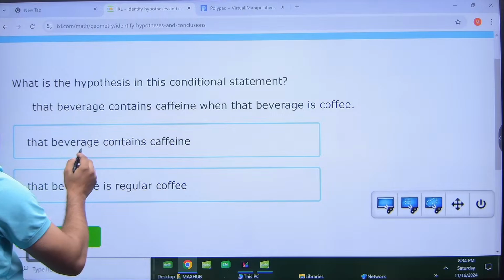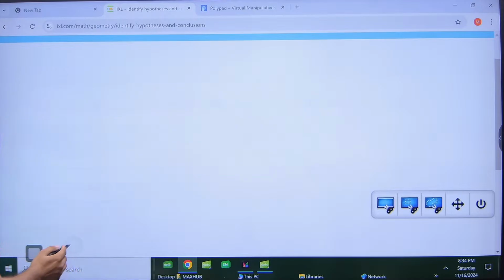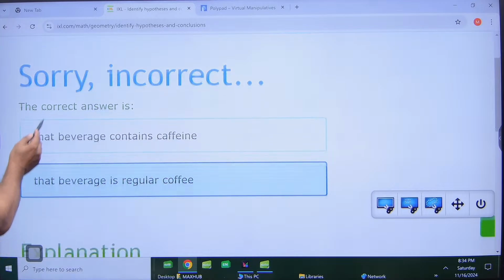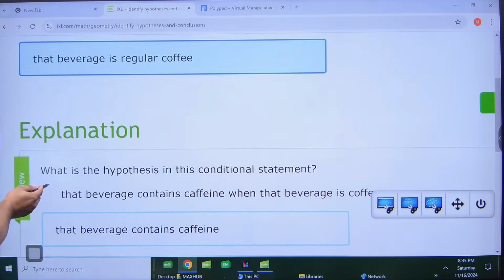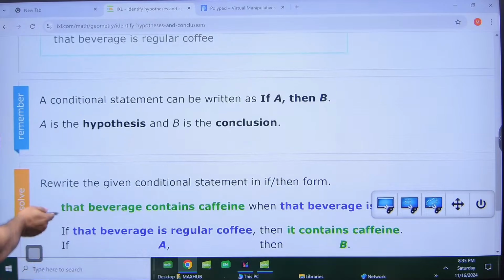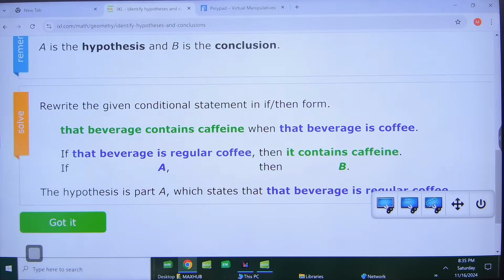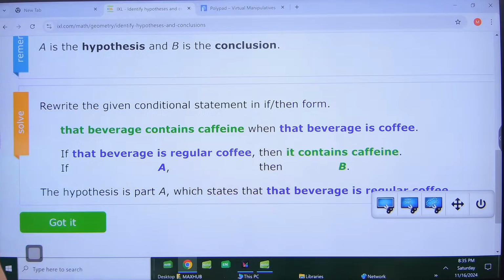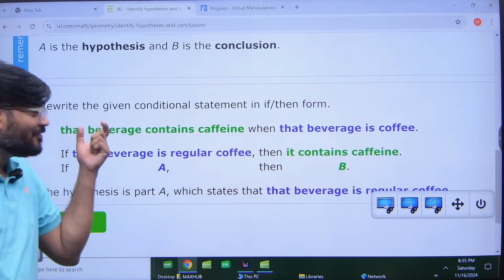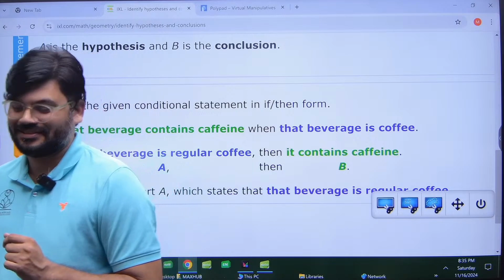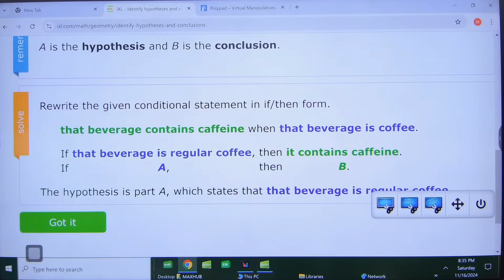So hypothesis is this. Let us see how that reads. If that beverage is a regular coffee, then it contains caffeine. Yes. See, first it should be a coffee, then only it can have caffeine.